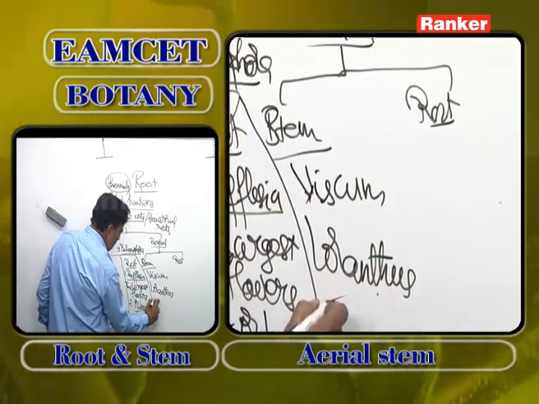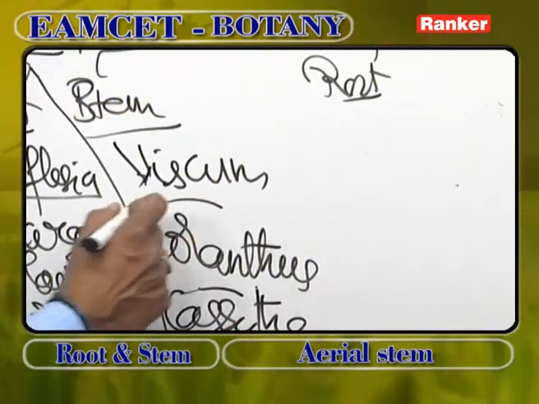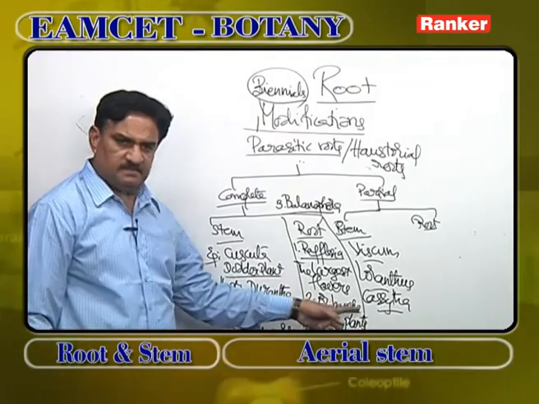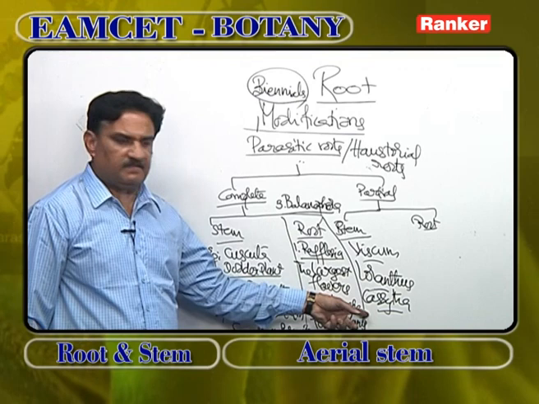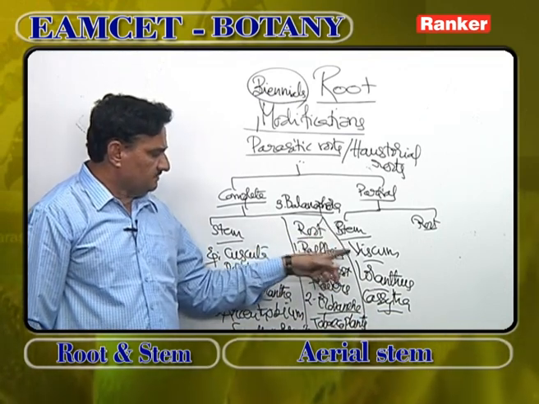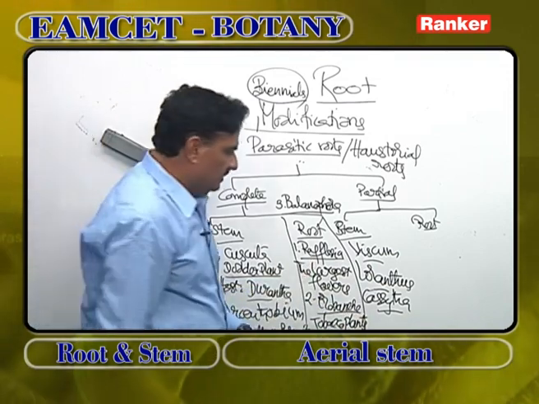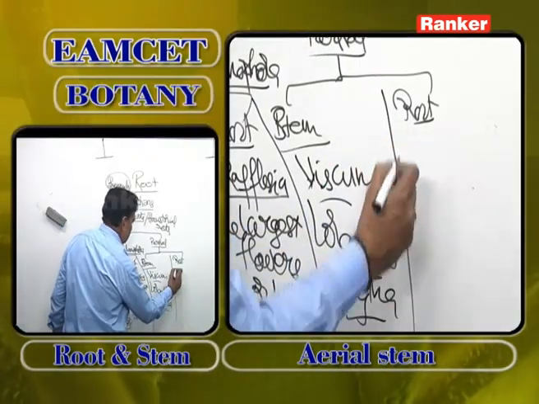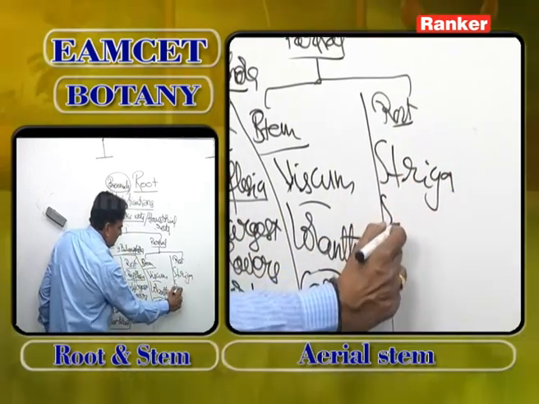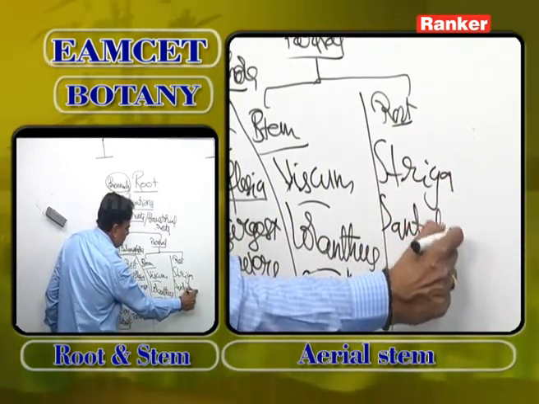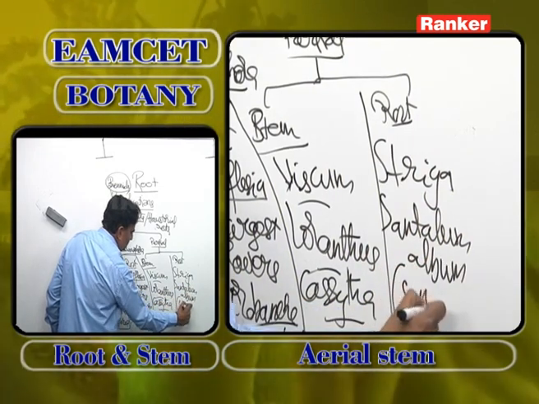There is another example also, Cassytha. This will come in the flower chapter, valvular dehiscence of stamens, which we discuss in flower. So partial stem parasites are Viscum, Loranthus and Cassytha. Partial root parasites are two. One is Striga, the other is Santalum album. Santalum album is nothing but the sandalwood plant.